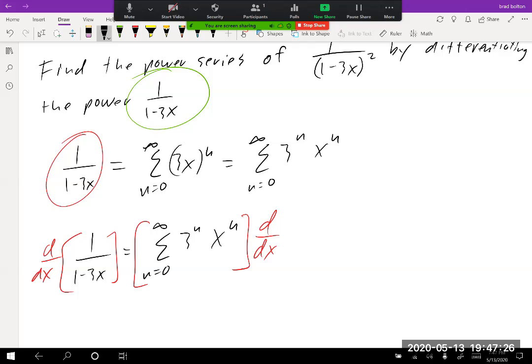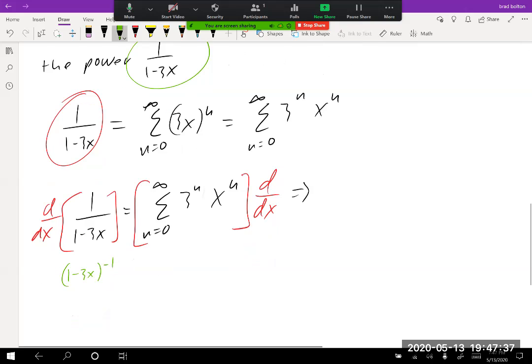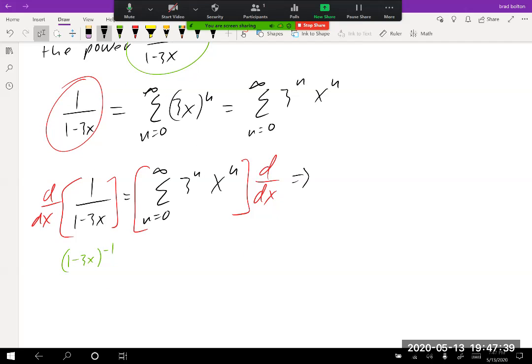Now the derivative of this, isn't this really (1 minus 3x) to the negative 1 power, right? So when I take the derivative, I take the power, put it in front, so that's negative 1, rewrite the inside, reduce the power by 1, and then multiply by the derivative of the inside, using the chain rule. So that would be that.